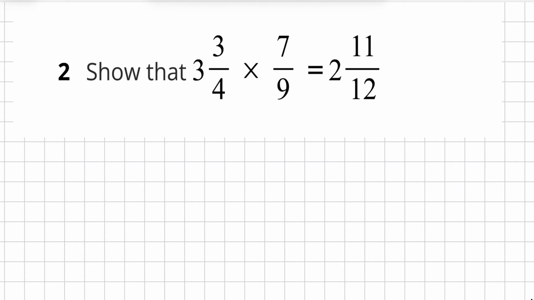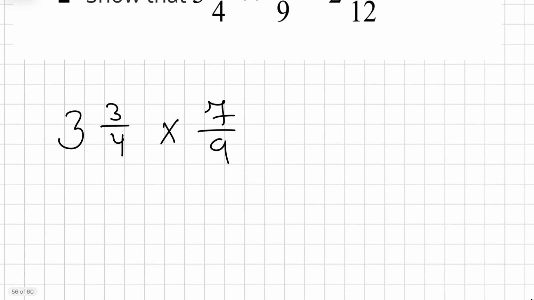First things first. We're going to need to change this mixed number into an improper fraction. So we have 3 and 3/4 times 7/9. We need to change this into a mixed number, guys? No, it's already a mixed number. We need to change it into an improper fraction.